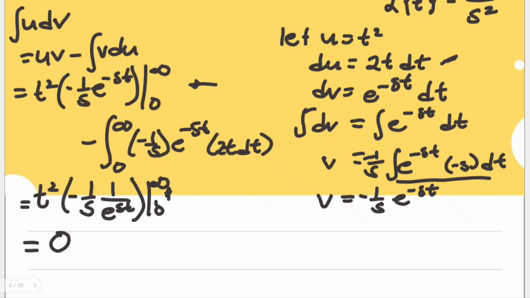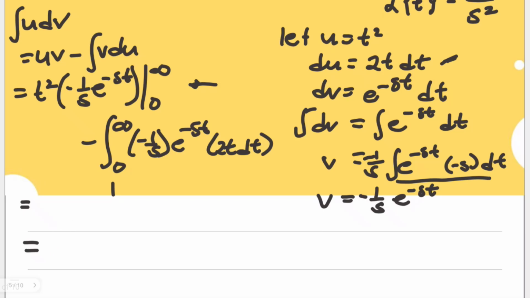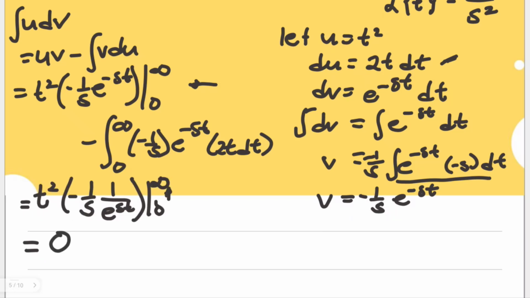Now for the second group, let me make this entire first form 0 now. Hopefully you were able to understand. So the second form: you're going to move out negative 1 over s, so you have negative 1 over s here.